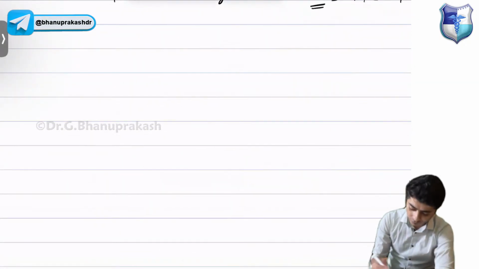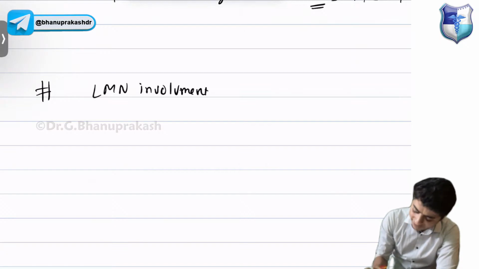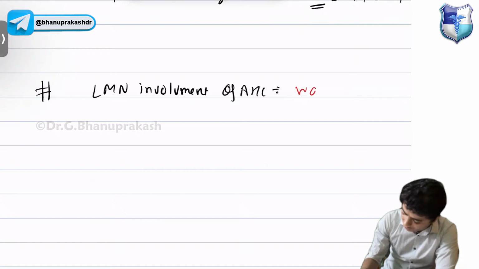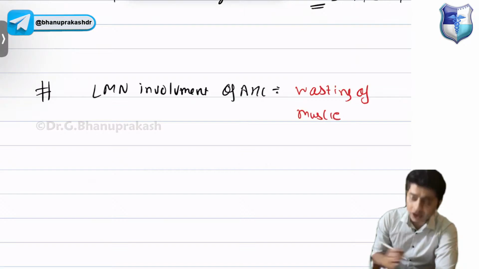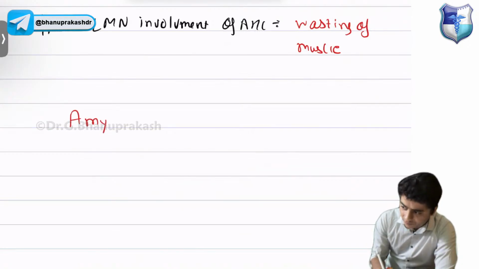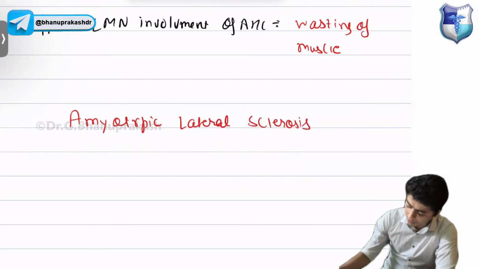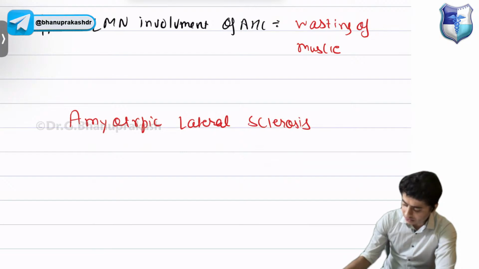And if there is LMN involvement, suppose of the anterior horn cell, what will you get? You will get wasting of muscle. Now, we all know the name amyotrophic lateral sclerosis.